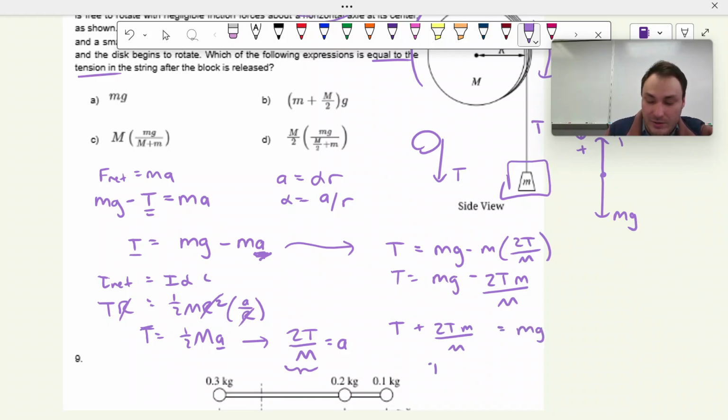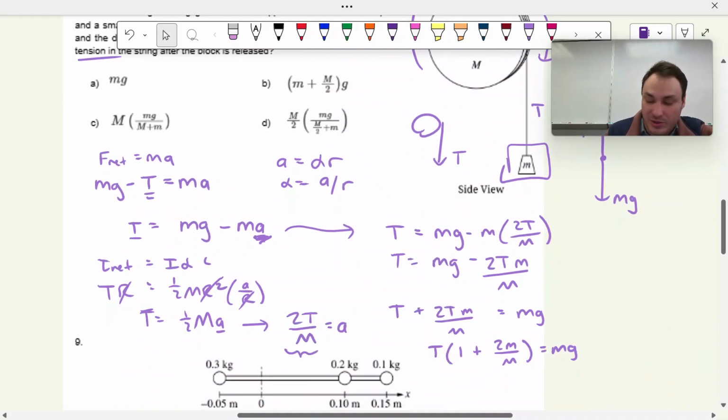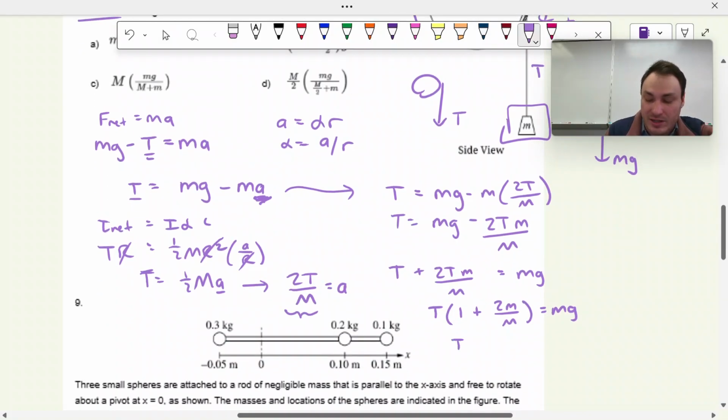And I can factor out a T, doing 1 plus 2m over big M equals mg. And now dividing on the other side, we get T is equal to mg over 1 plus 2 little m over big M.